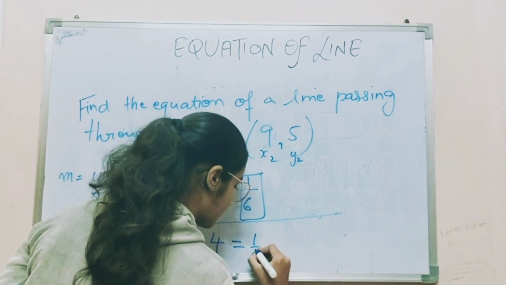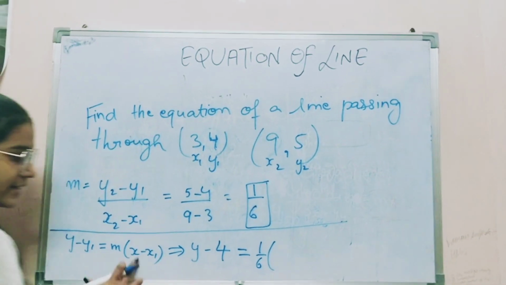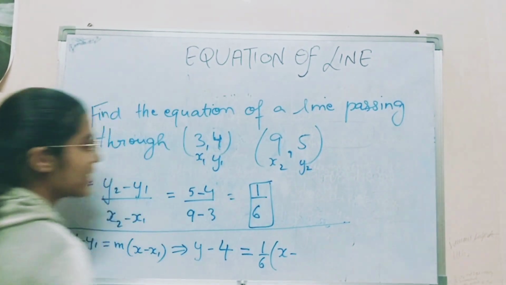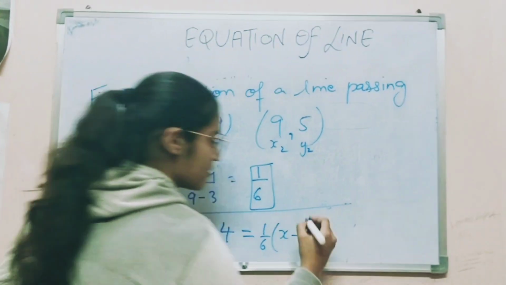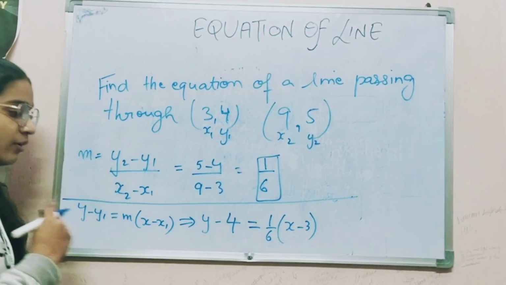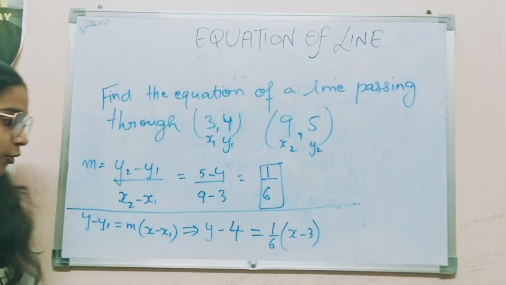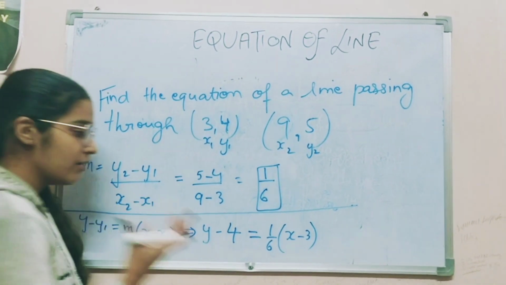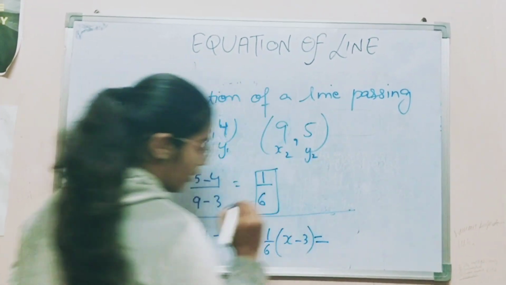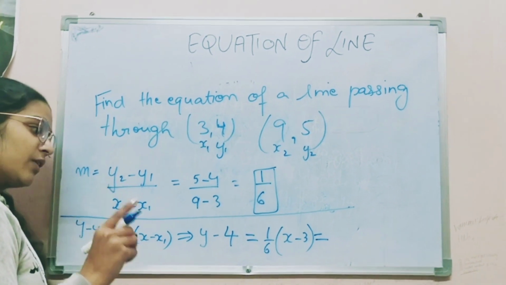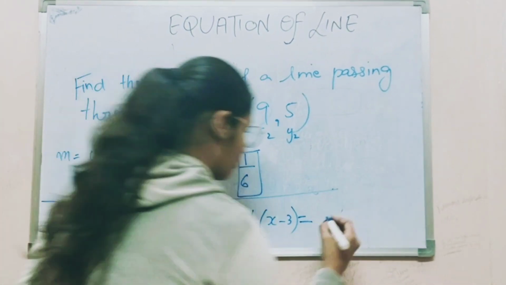Slope is 1 by 6. x will be as it is, minus x1, x1 is 3. So here I substituted all the values. Now you can cross multiply it and you will get the equation that will be in the form of ax plus by plus c equals 0.